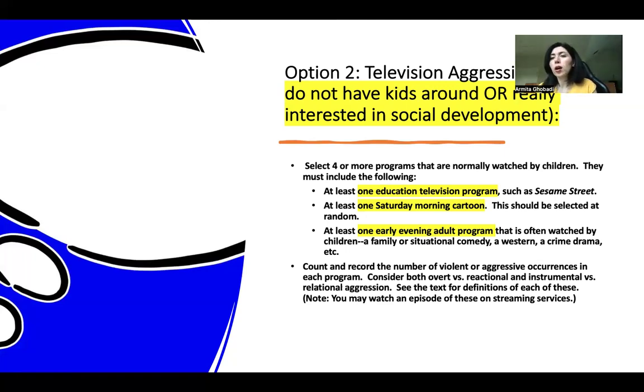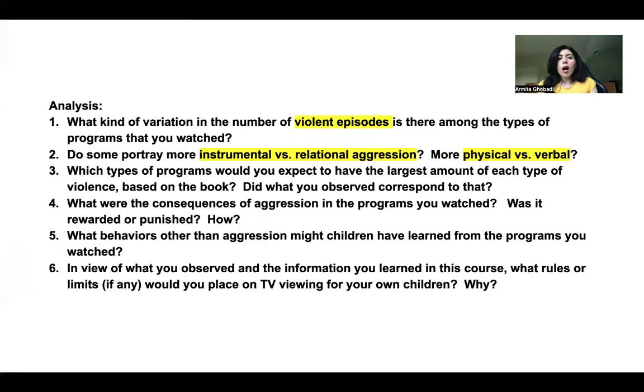Or if they really love Game of Thrones, like myself, they would choose that one. So after choosing those 4 options, you're going to count and record the number of violent or aggressive behaviors in each program based on the criteria that I'm going to give you.